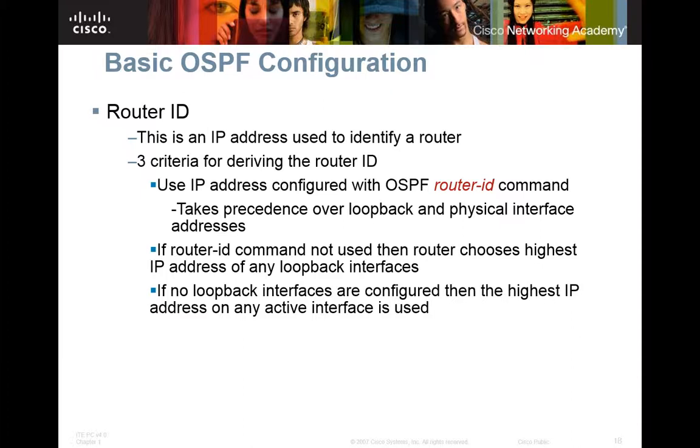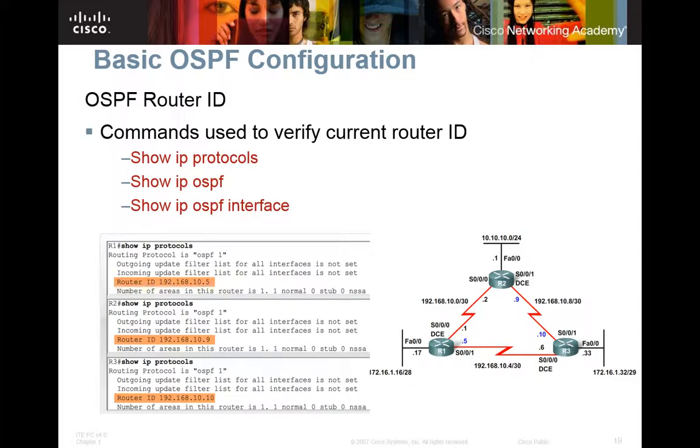The router ID. It's an IP address used to identify a router. The IP address is configured with the OSPF router ID command, and it takes precedence over the loopback and the physical interface addresses. If the router ID command is not used, then the router chooses the highest IP address of any of the loopback addresses. So this is where you will dictate what your router is.